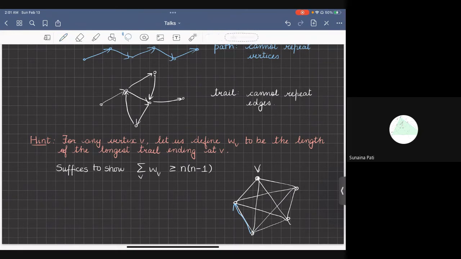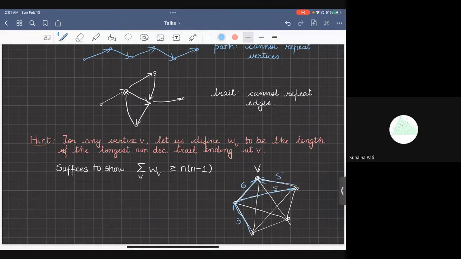Longest increasing trail is what I should say, non-decreasing trail ending at v. So maybe this is the longest. Say this is 5 and this label is 6, then this is a non-decreasing trail of length 2. But maybe this is also 5 and then this is also 5.